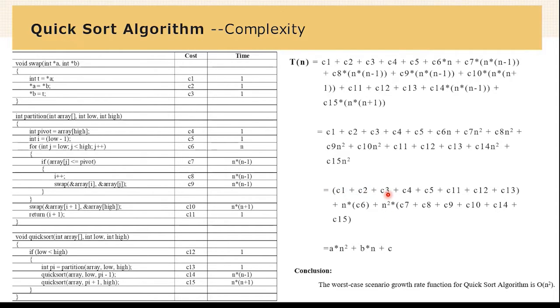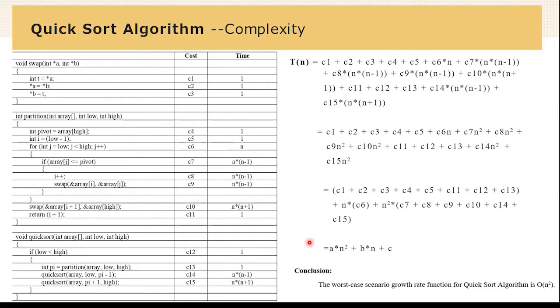C1, C2, C3, C4, C5, C11, C12, and C13, all of these are multiplied by 1, so I factorize it and put it in a bracket. For the C6, it is multiplied by n. For the C7, C8, C9, C10, C14, and C15, it is multiplied by n to the power of 2.